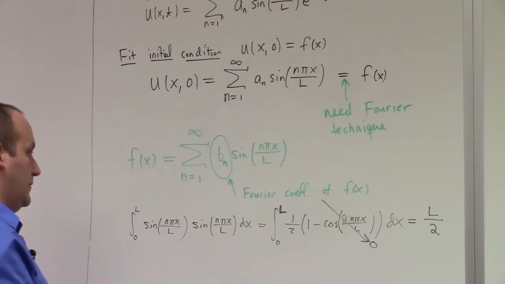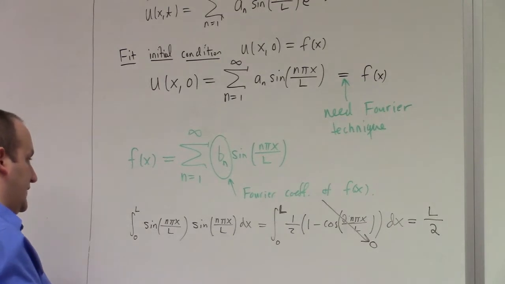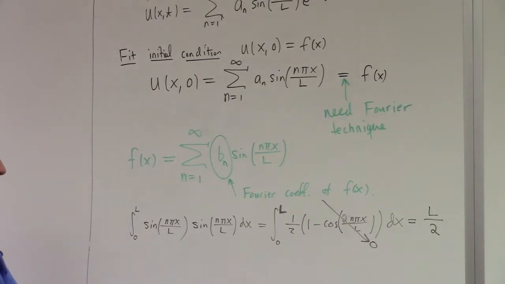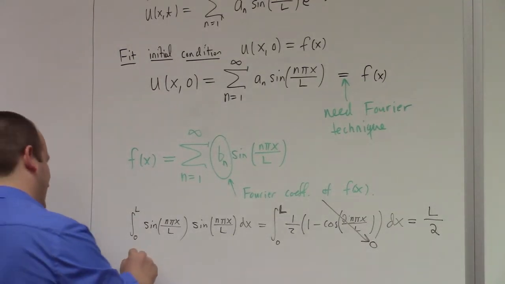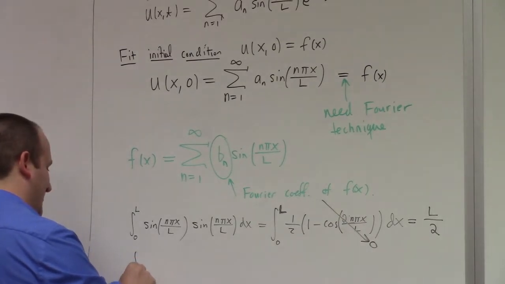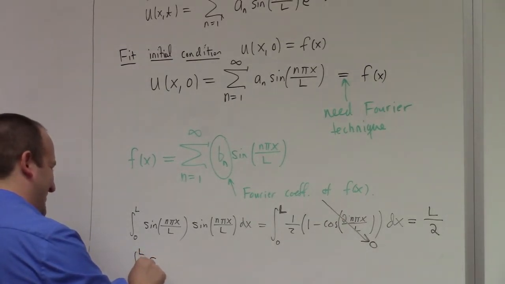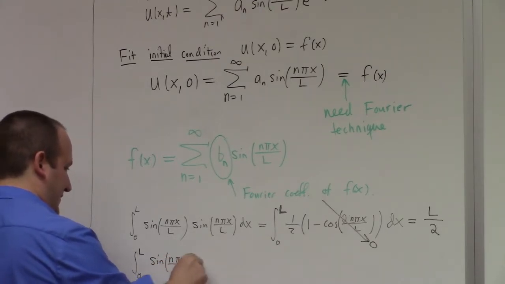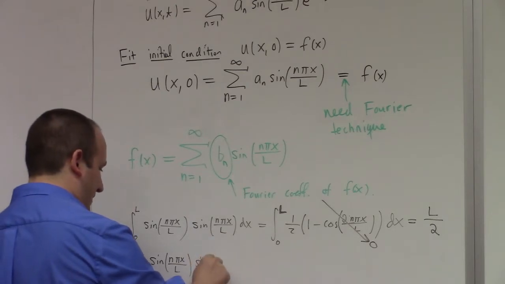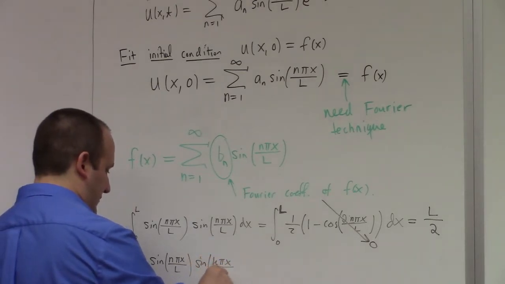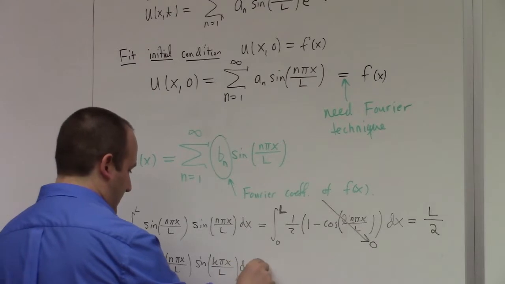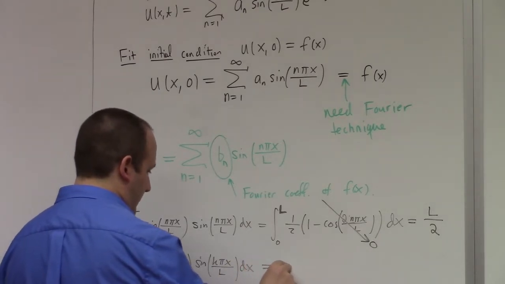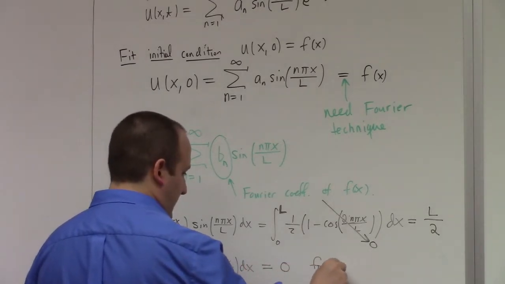And by the way, here's the other thing, and I'm not going to prove this, but it's true. The integral from 0 to L of sine of n pi x over L times the sine of k pi x over L dx is equal to 0 for n not equal to k.